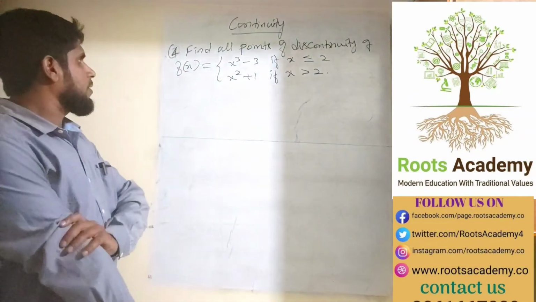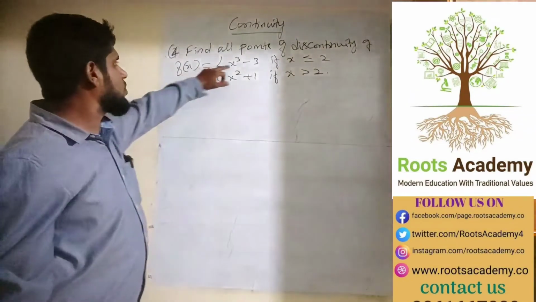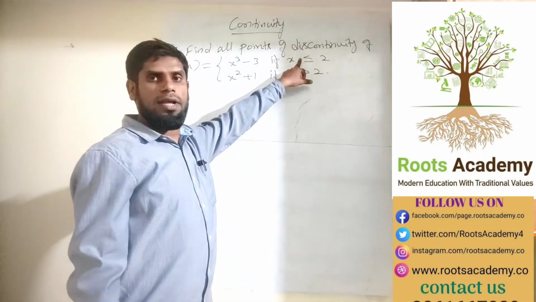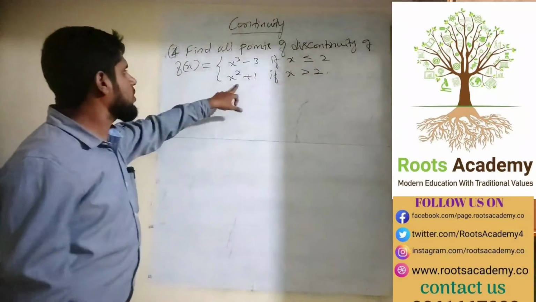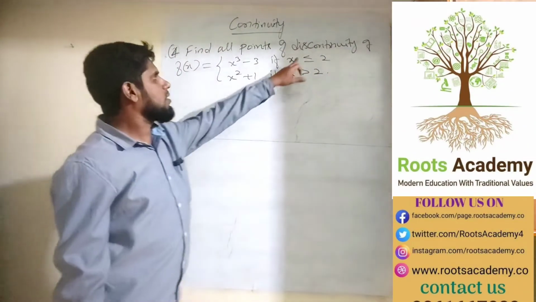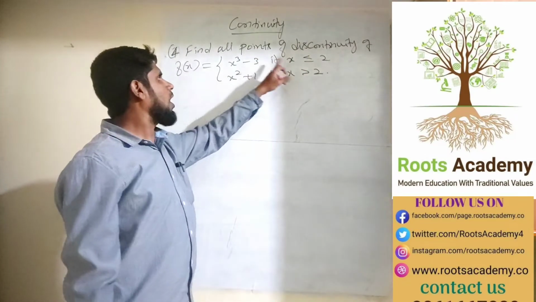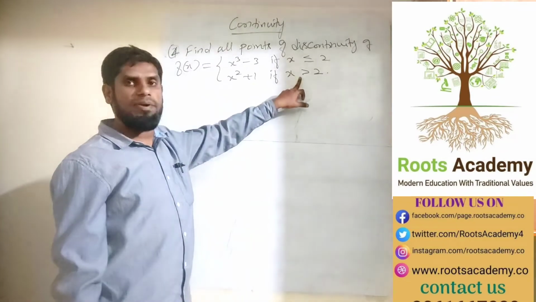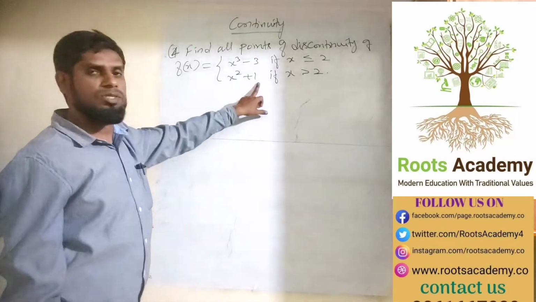Okay, students? Here again two functions are given. One is for x less than or equal to 2, another is for x greater than 2. That means this is our left hand limit function as well as our f of 2 function. For the right hand limit, the function is x square plus 1.